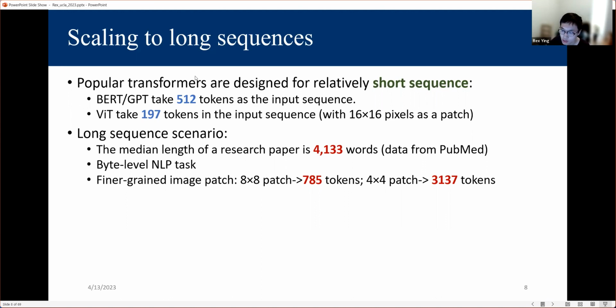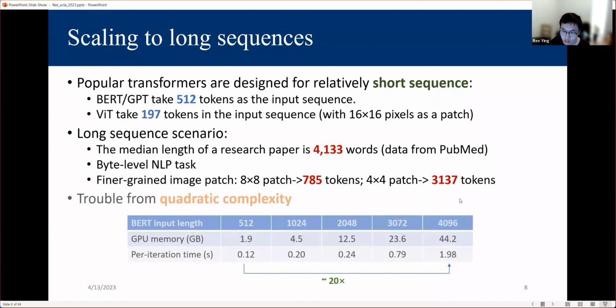So we're looking at very long sequences, and we also look at some additional tasks, like in NLP, there are byte level tasks, which means that the sequence length is even longer. There's also image patches. If we make these patch sizes even smaller, you would get a lot of tokens, and not to mention time series, right?